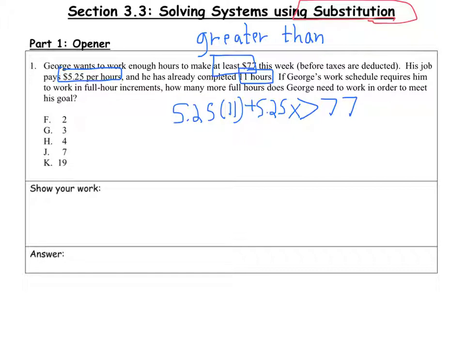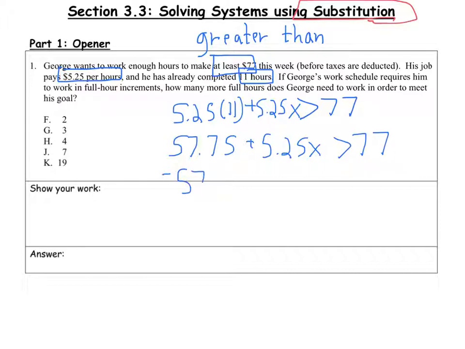So go ahead and multiply 5.25 times 11. Whoops, that was bad. Let's try that again. That's going to be 57.75 plus 5.25x, which still has to be greater than 77.